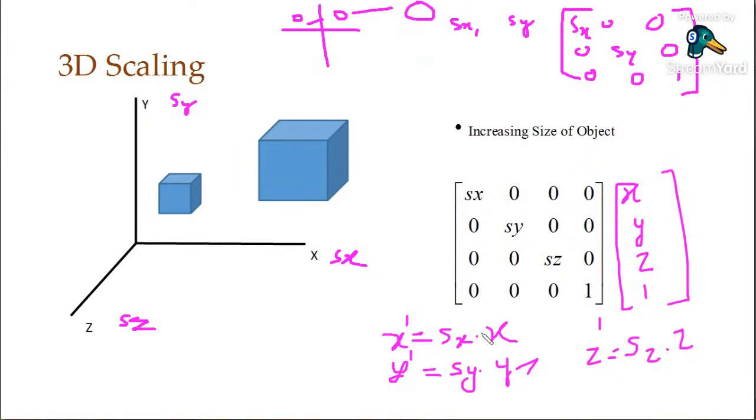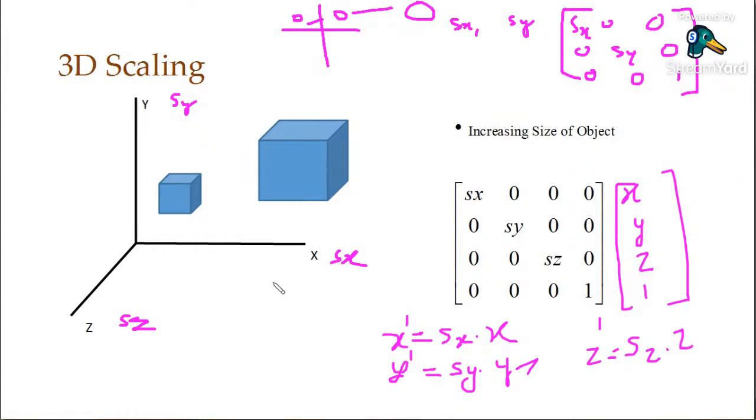So those are nothing but the three things we have: sx multiplied by x, sy multiplied by y, sz multiplied by z. So x, y, and z are multiplied by respective sx, sy, sz. Those are nothing but the scaling factors.